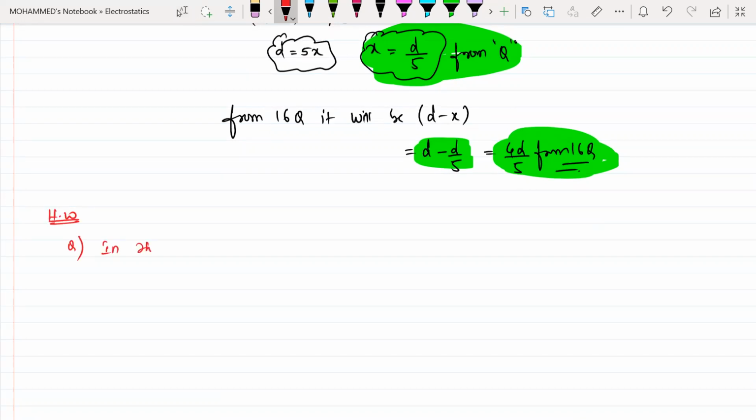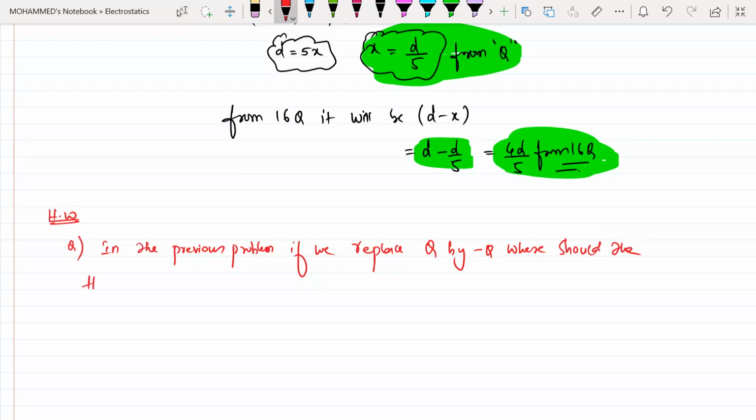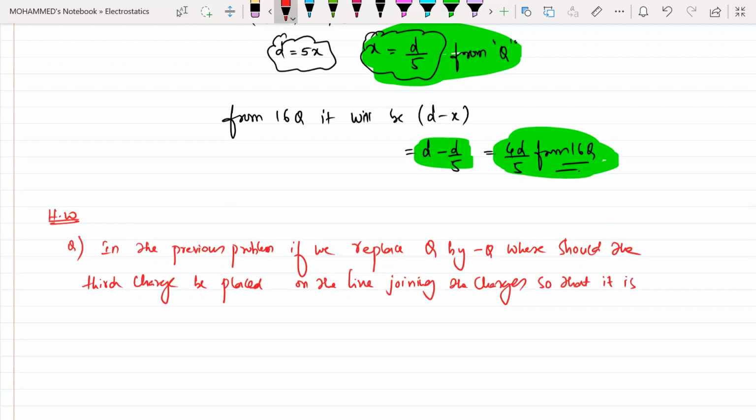In the previous problem, if we replace capital Q by minus Q, very important, where should the third charge be placed on the line joining the charges so that it is in equilibrium?